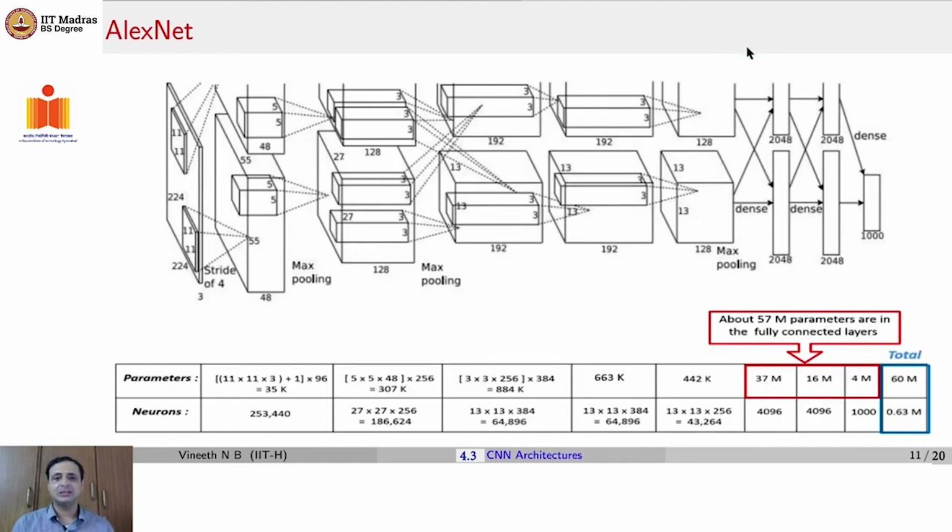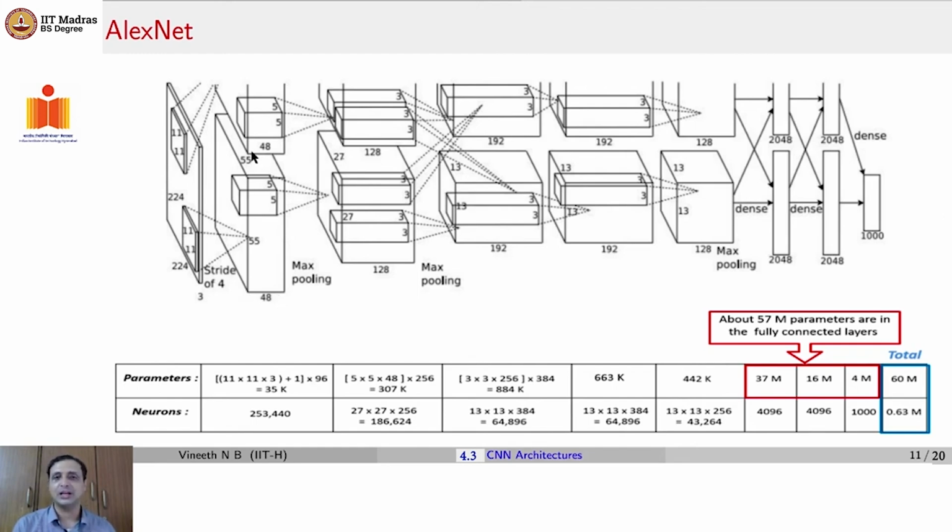Let's try to analyze the complexity of this architecture in terms of parameters and neurons. You see here, the parameters in the first layer would be given by 11 cross 11 cross 3 is the size of the filter, plus 1 for a bias, into 96, the total number of filters chosen for the first layer, 48 which went to one processing unit and 48 which went to another processing unit.